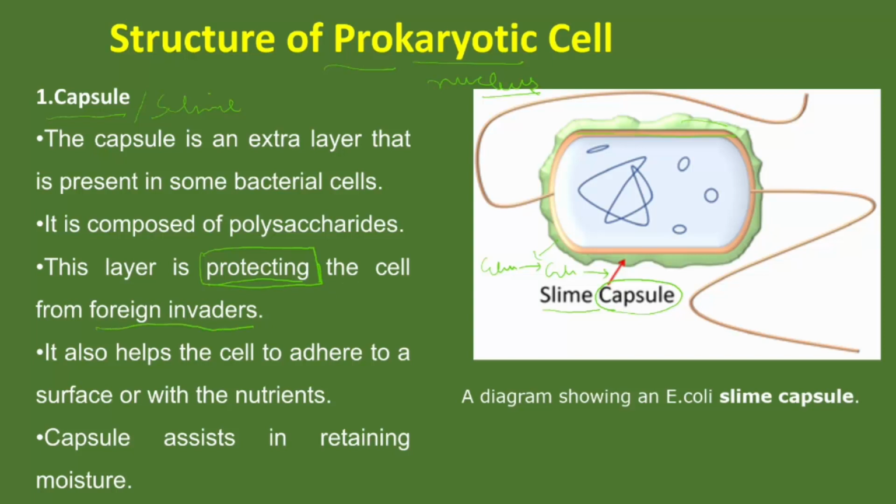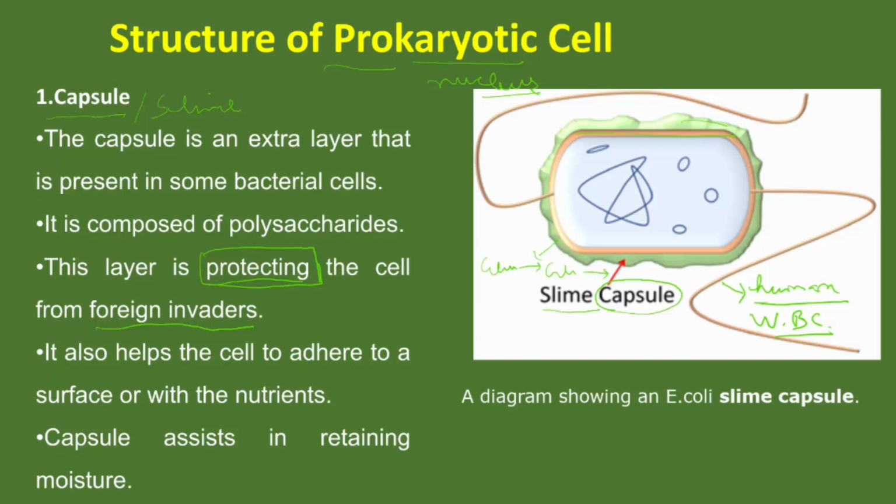Foreign invaders means the bacterial cell is susceptible to phagocytosis. When this bacterial cell enters the human gut, it is susceptible to phagocytosis by WBC cells. But due to the presence of this capsule, there is no antigen against this capsule in the concerned person.